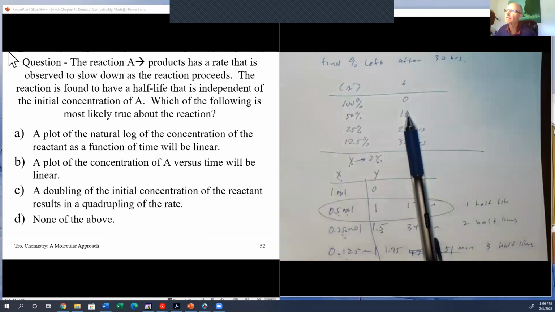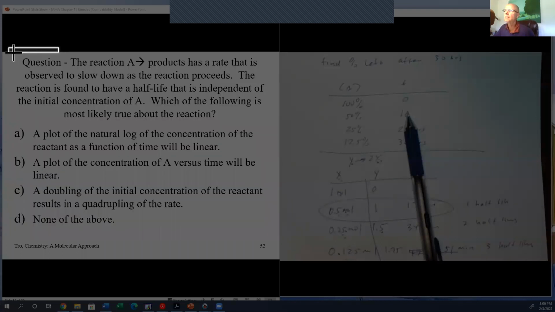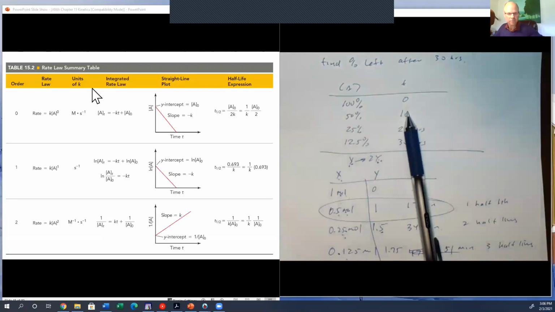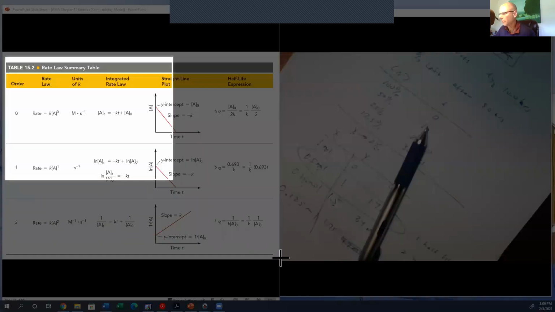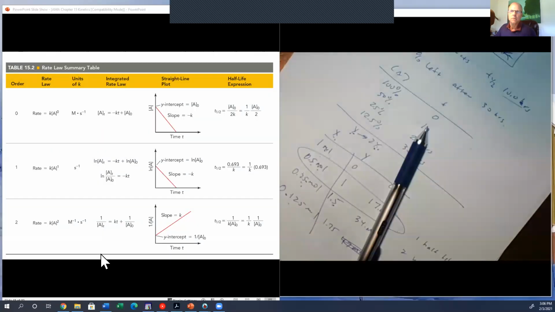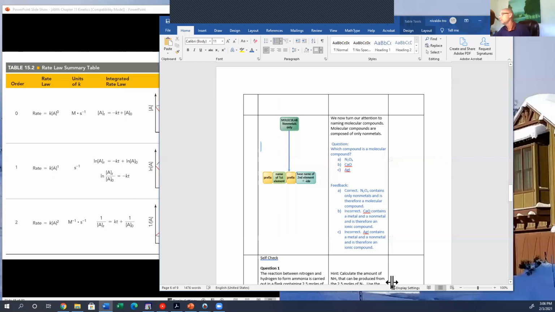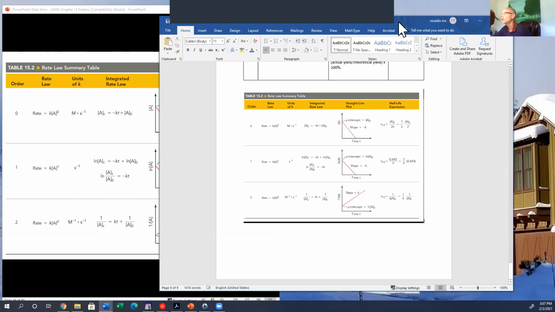Wow, my computer's just really slow for some reason. Oh, there we go.